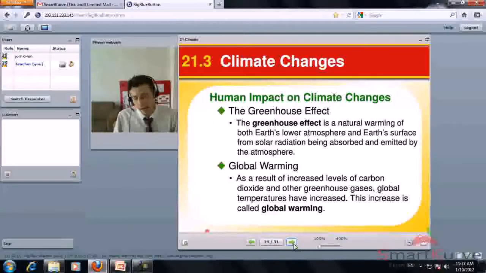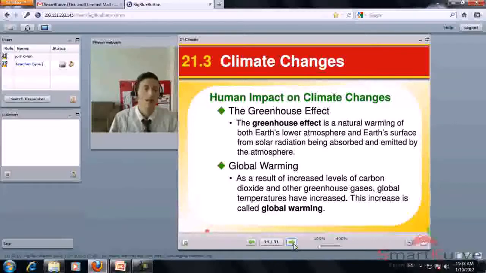Now, that infrared radiation often just escapes from our atmosphere and goes back out into outer space. But if there's more carbon dioxide in the atmosphere, more infrared radiation will be absorbed. That infrared radiation cannot escape the atmosphere, so it stays in our atmosphere. So we have more radiation and more heat, and the temperature of the Earth rises.